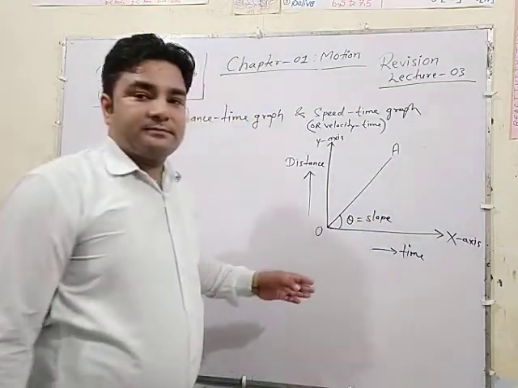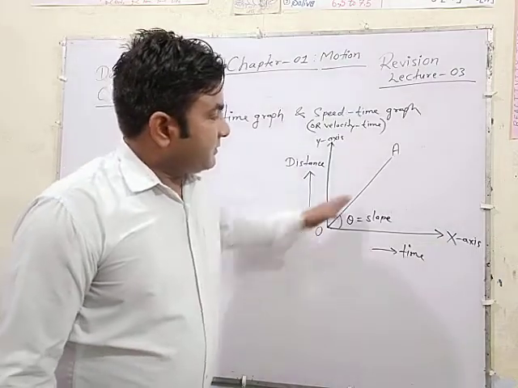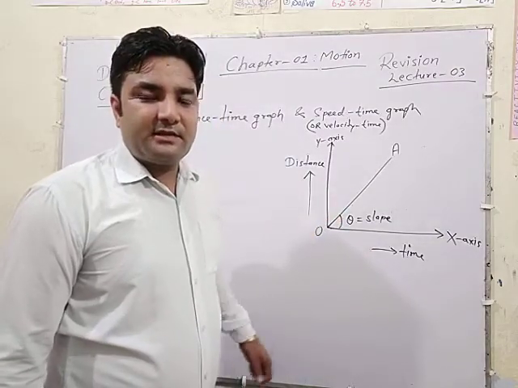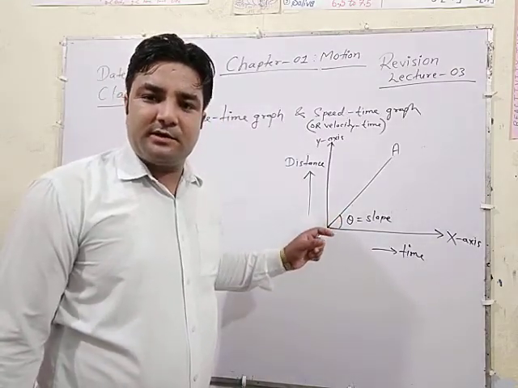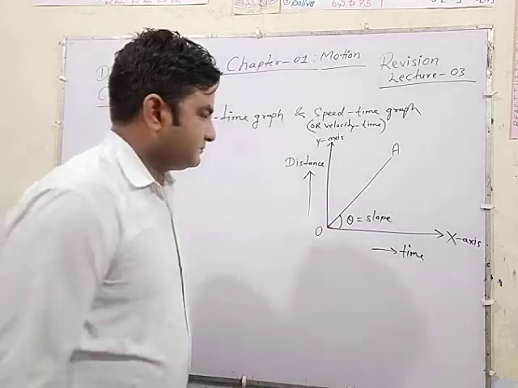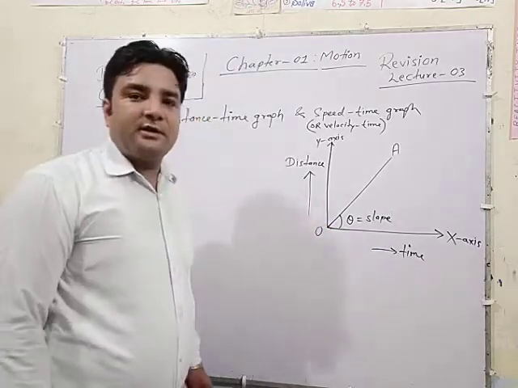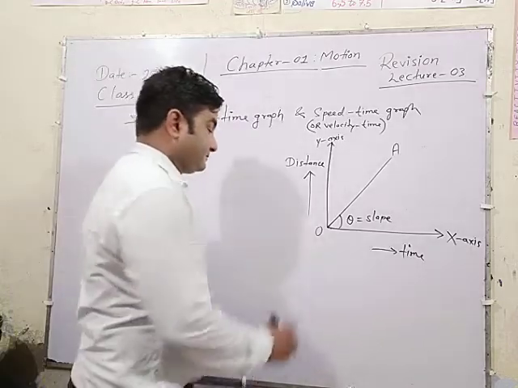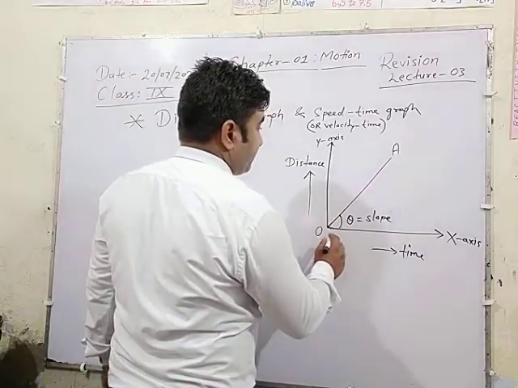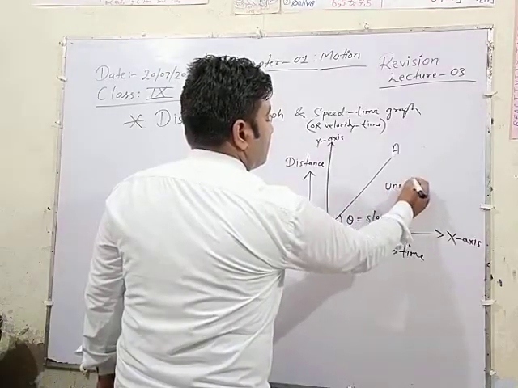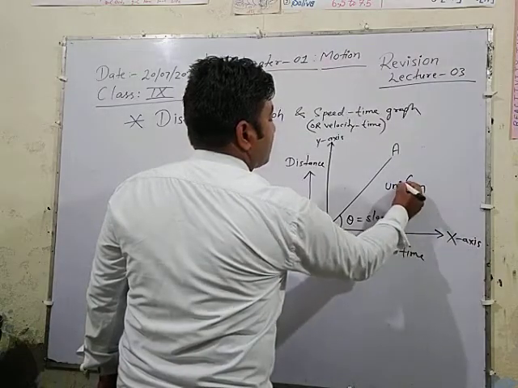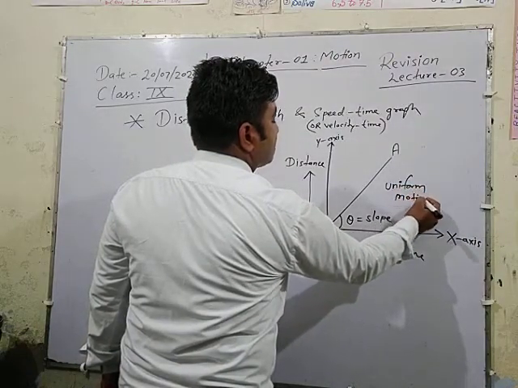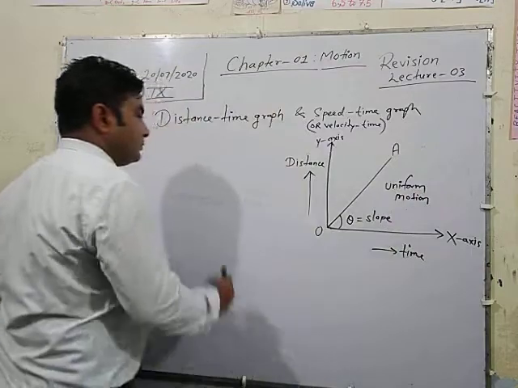Whenever the graph is a straight line, then the motion of the body is said to be what? Uniform motion, and the speed of the body is uniform speed.